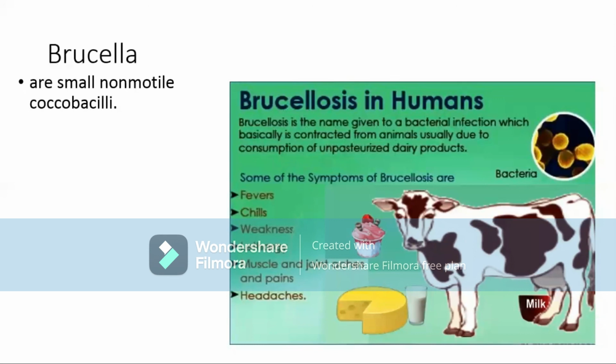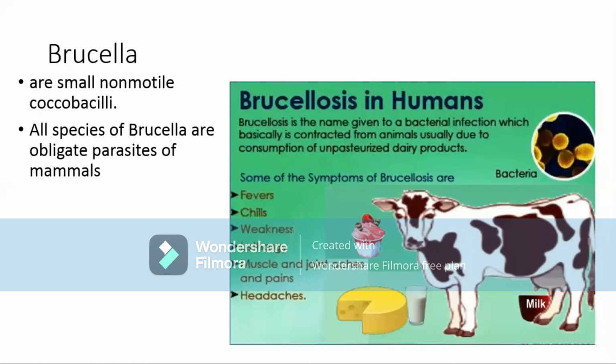They are non-motile cocobacilli, small, and they are obligate parasites of mammals, and they cause an infection known as brucellosis. It is one of the most pathogenic groups, so it can also be used as a bio weapon.